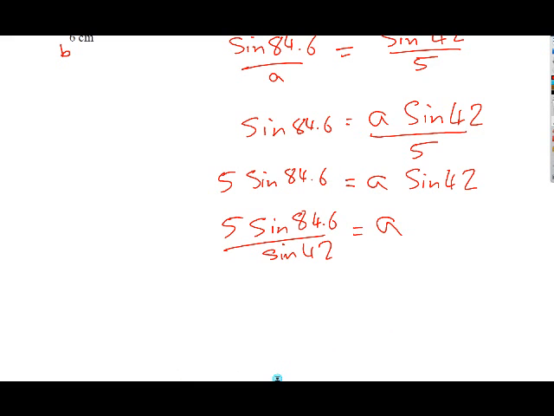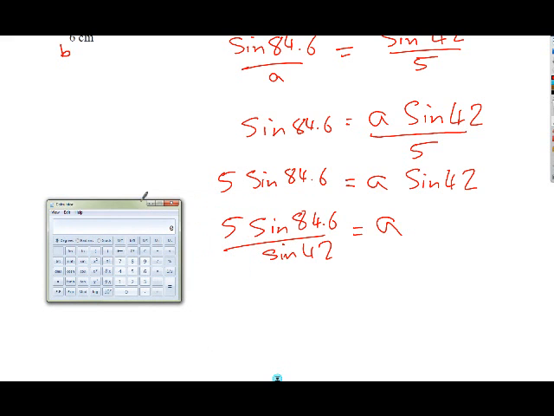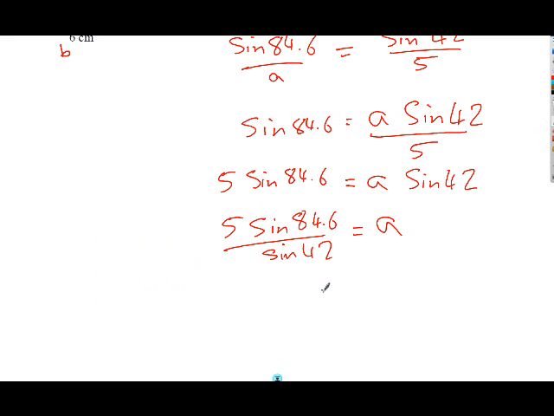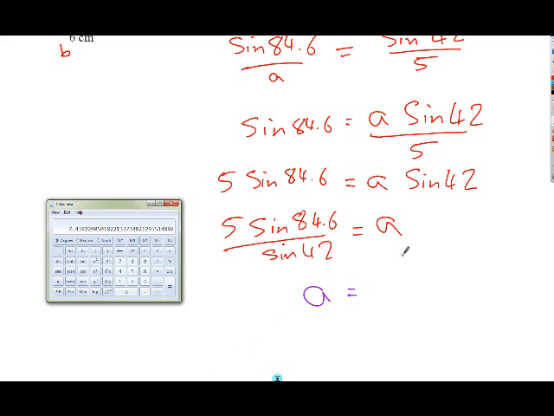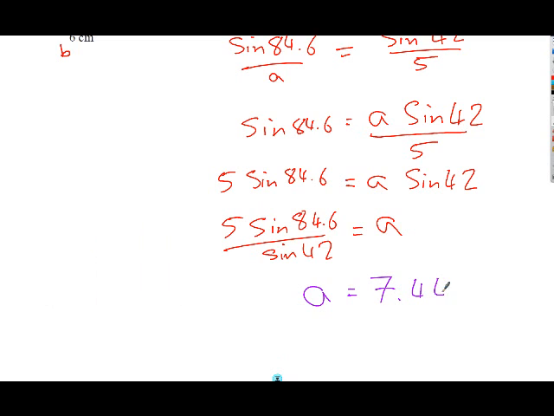Now that I have that, I can work out the length of side A just by typing 84.6 sine times by 5 and dividing that by sine 42, which gives me side A as 7.44 centimeters.